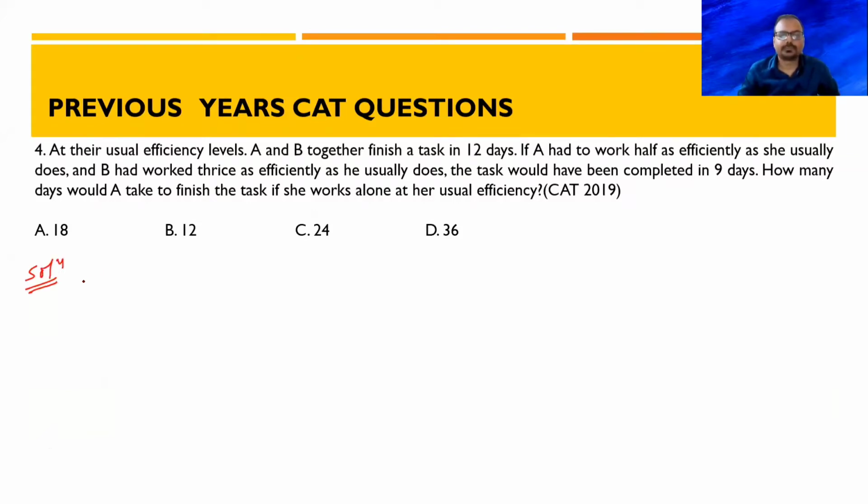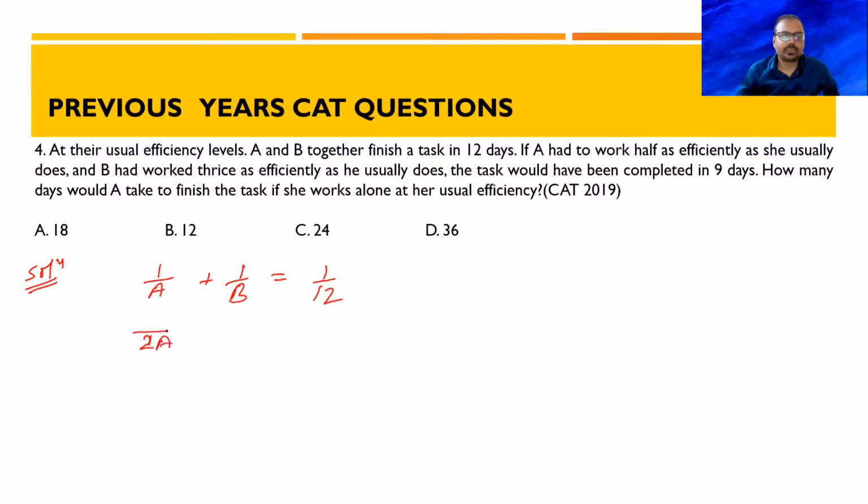Question number 4. If A and B together finish the work in 12 days, A had to work half as efficiently as she usually does. So A has to work at half efficiency. So half efficiency means it takes double the time.